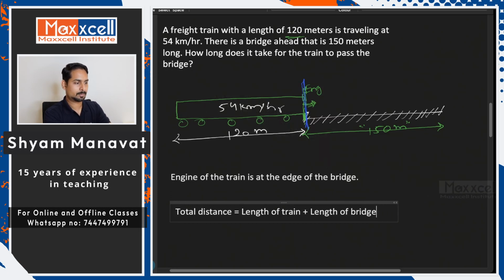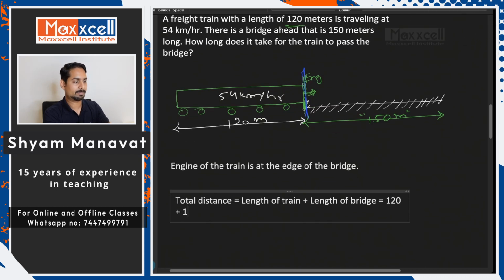Okay, in this case it is 120 plus 150, that's equal to 270. Okay, so I hope the diagram is clear.